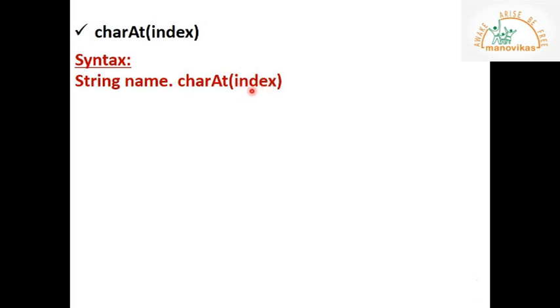I explained at the start of this video that the index of the string starts from 0. So if there are 8 letters in the string, the index of the first letter is 0, the second letter will be 1, and the last letter will be 7. I believe you all remember this.